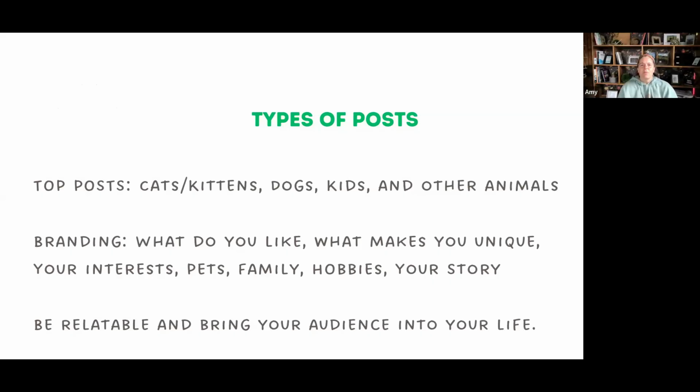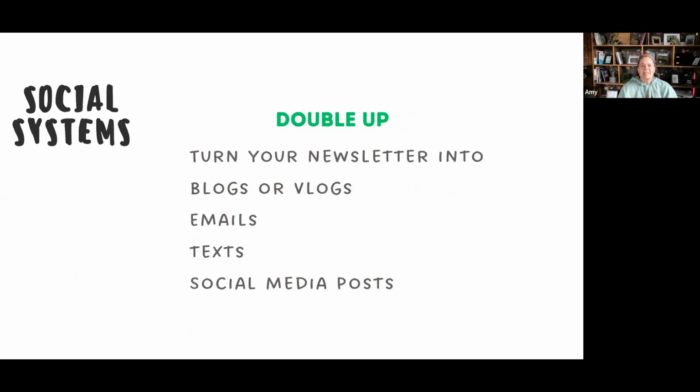All right. When it comes to business content, leverage information to go further. So use the same content across multiple platforms. If we're already creating a newsletter for our database, like we talked about last week, take that information and turn it into blogs, turn it into emails, turn it into text, and turn it into posts for social media.